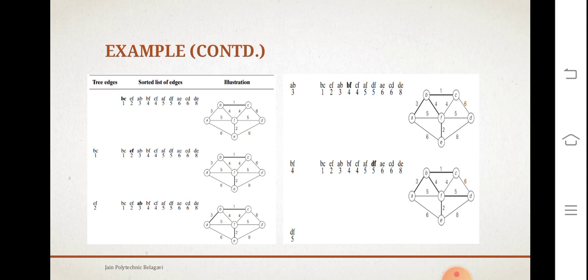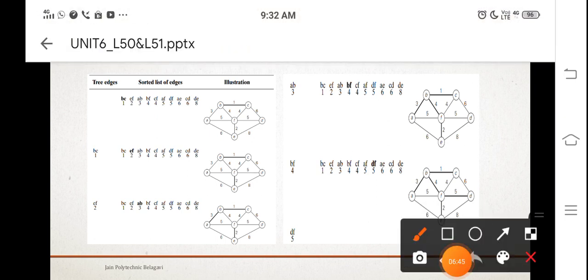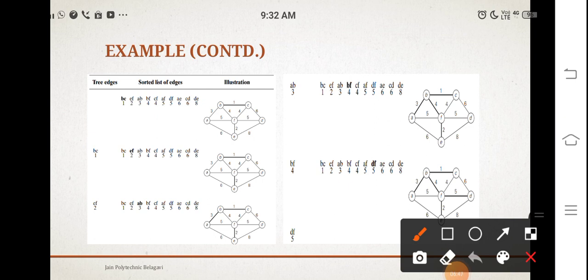From this given graph we need to first identify the smallest weighted edge. Here the edge is B to C, that we are selecting first.